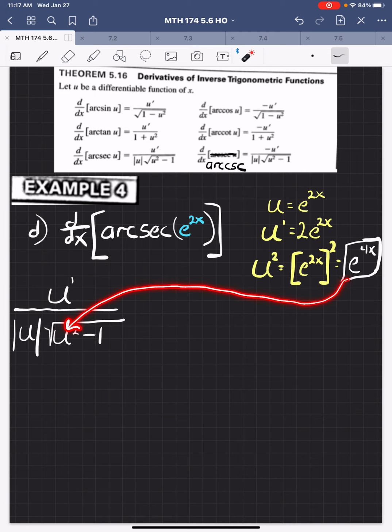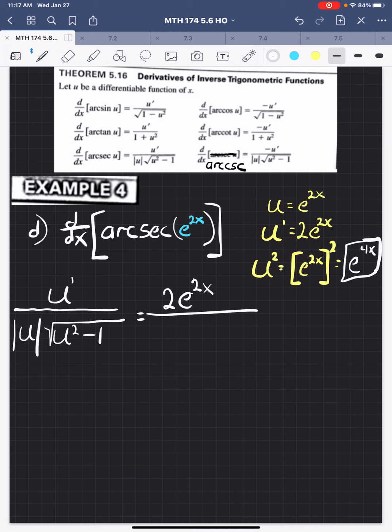We know that that's going there. Let's go ahead and drag and drop. Let's just put everything in the right spots here. So u prime, that's going to be 2e to the 2x, my apologies, over the absolute value of u.